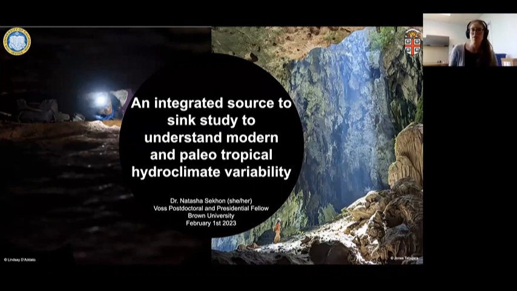Natasha is trained in using isotope geochemistry, trace elements, statistical analysis, and karst hydrology to understand the geochemistry of stalagmites from caves in the tropics, mainly Colombia and the Philippines. She's mainly interested in understanding the El Niño Southern Oscillation on several temporal scales. So, welcome. Natasha, the stage is yours.